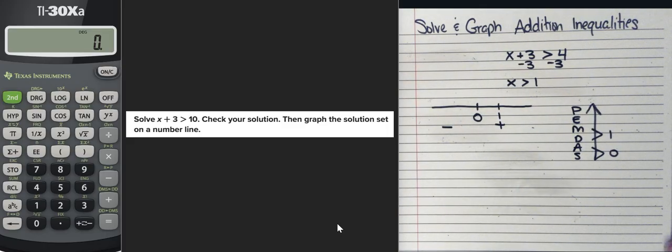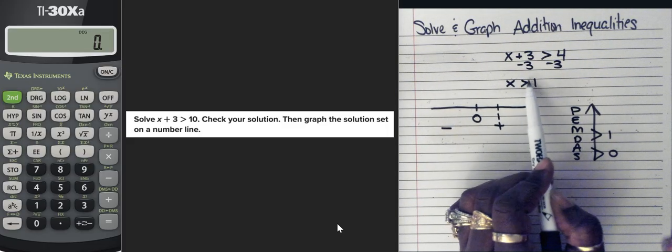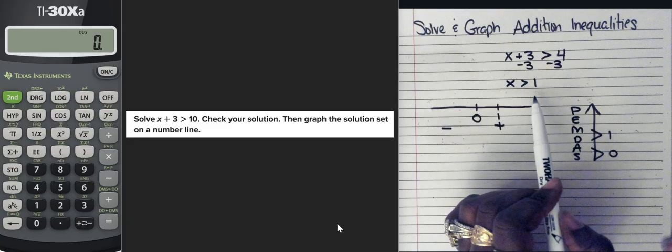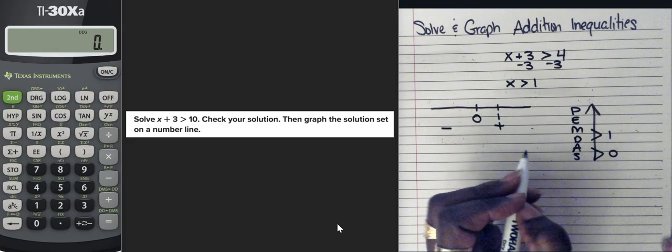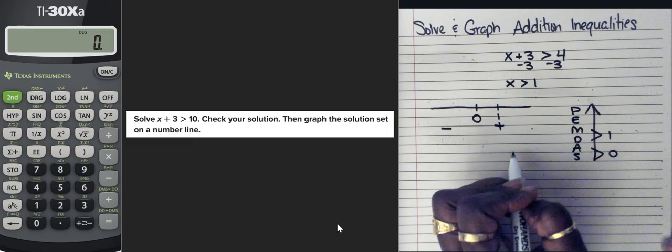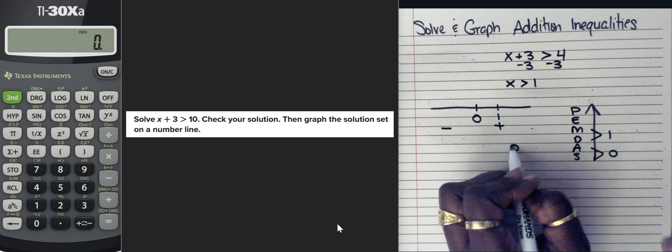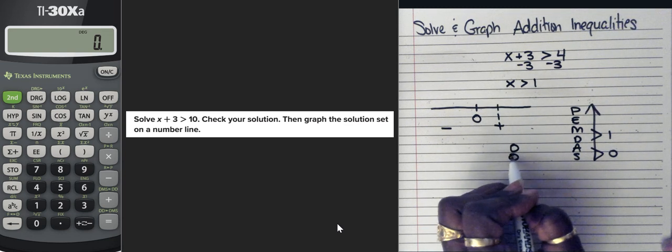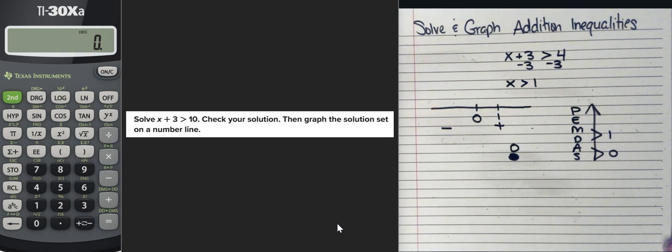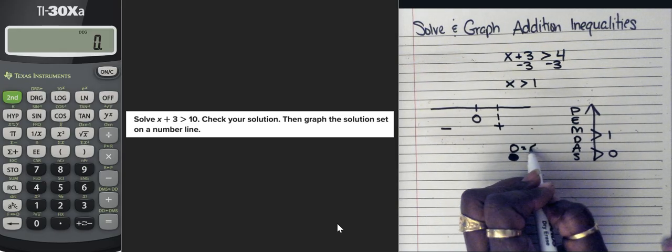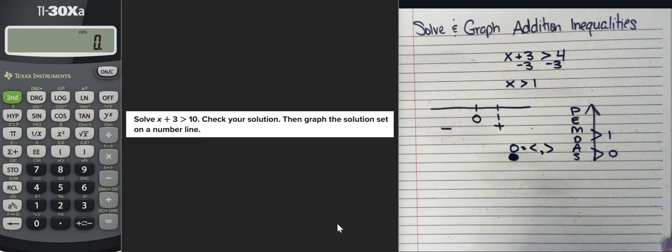That's my number 1. And when I look at my inequality sign, I see that it has to be greater than or less than. So there's two things I need you to keep in mind, and we should have learned this, I believe, last year. But what you'll have is either an open circle or a closed circle. Okay, open circle means that you have a less than or greater than sign.